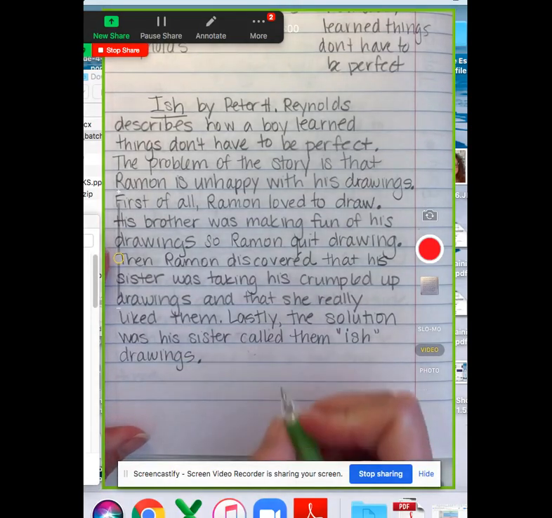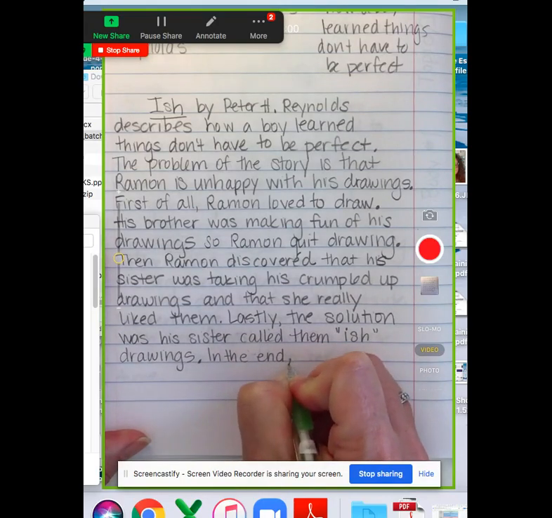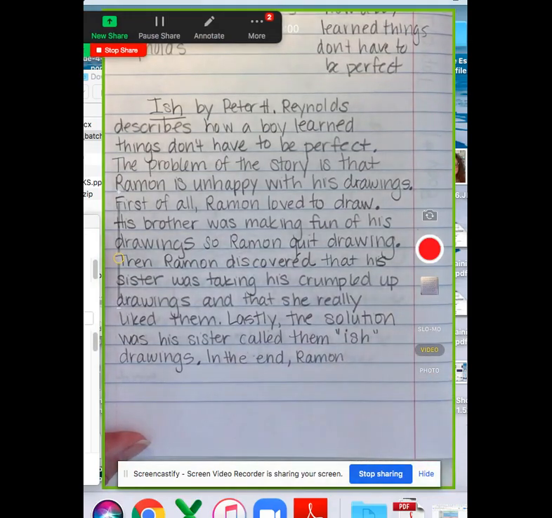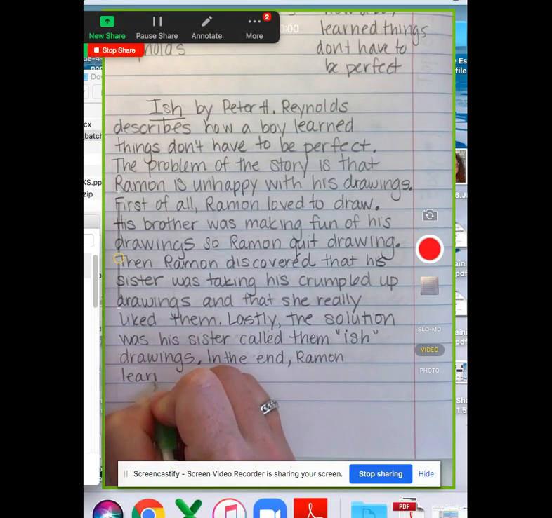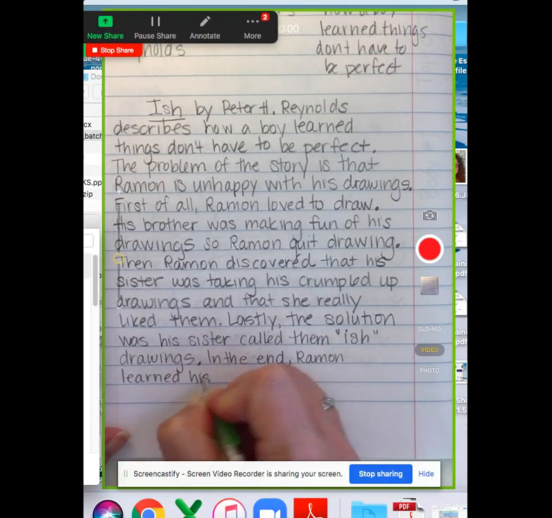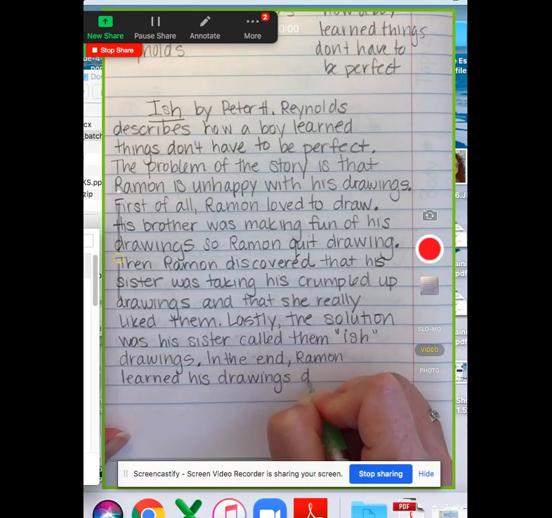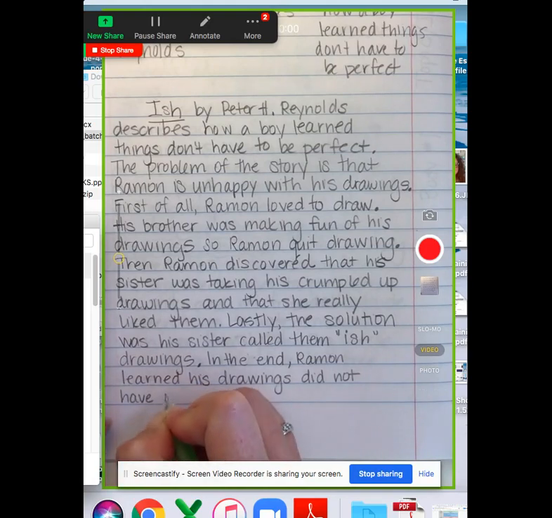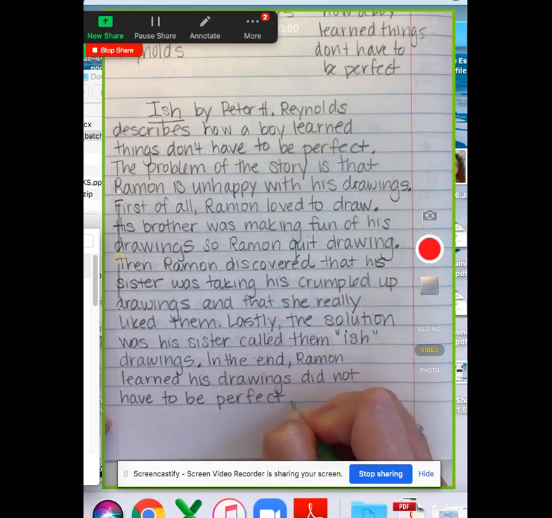So, in the end, comma, because that's a transition phrase, Ramon learned his drawings did not have to be perfect. Period.